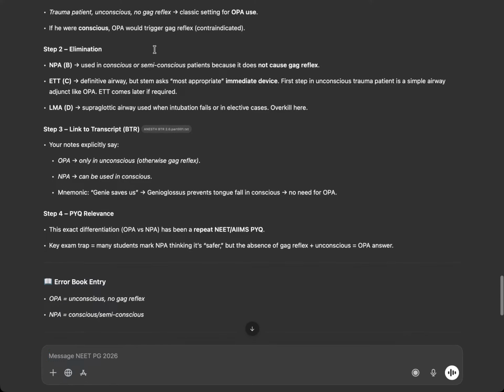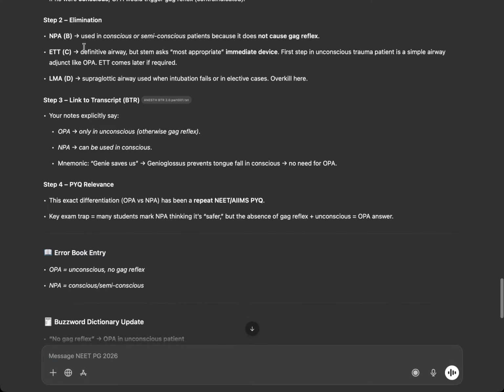Buzzwords and elimination. NPA used in unconscious or semi-conscious patients because it does not cause gag reflex. It does cause, okay. Nasopharyngeal airway does cause gag reflex, but okay.